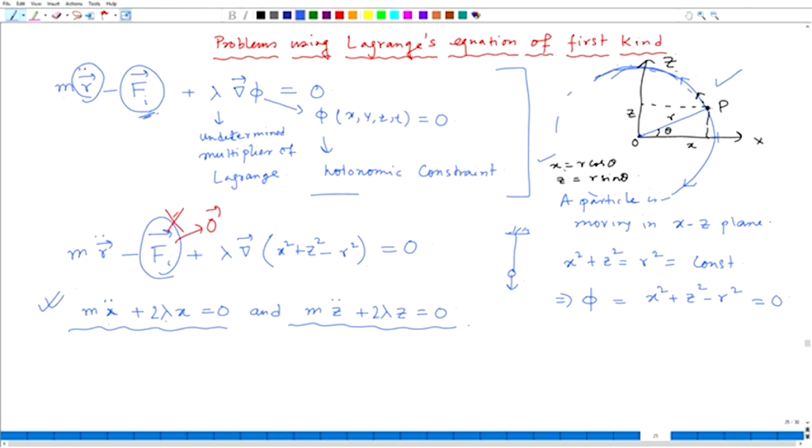So, I just use this thing that x is r cos theta and z is r sin theta, and r is a constant here. So, the only variable is theta. Okay. So, I can use this.